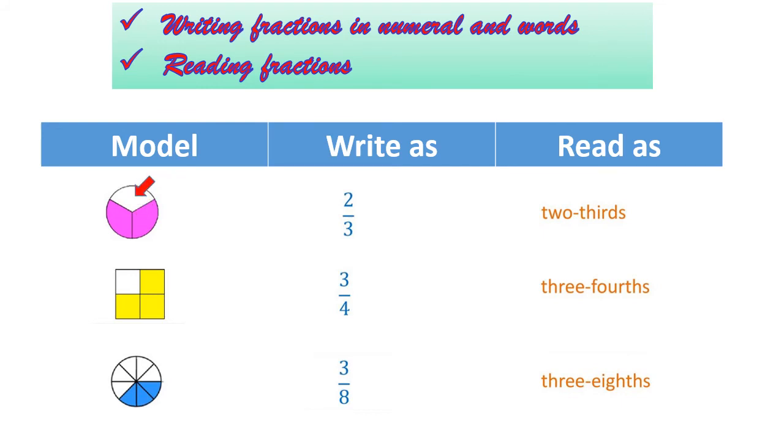Now, as you can see in our first figure, we have this part that is not shaded. We call this the unshaded part, meaning it is not colored or not shaded. So what if I ask what part of this figure is the unshaded part?